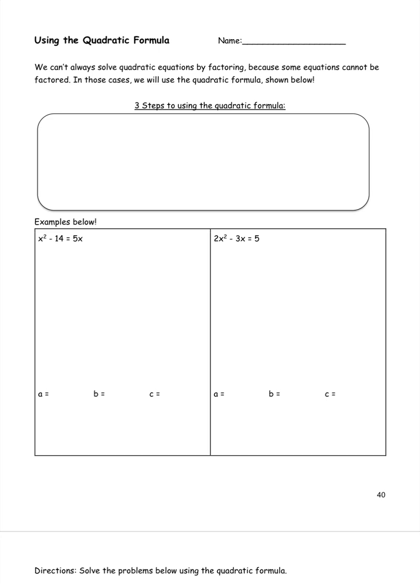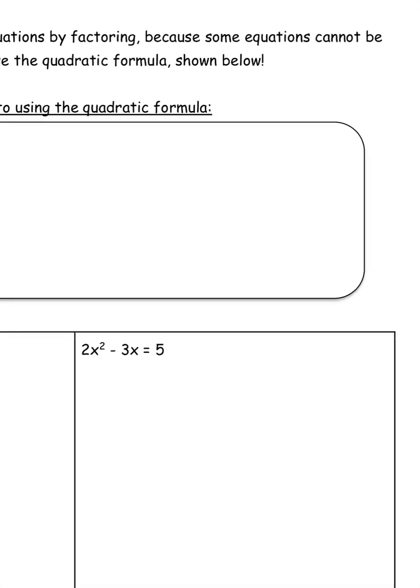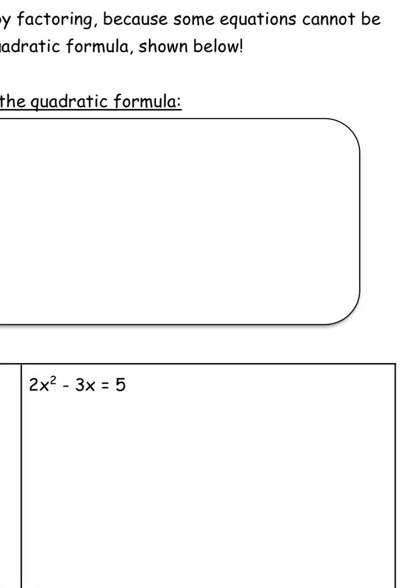All right, so the quadratic formula, and this is actually given on the Algebra 1 formula sheet. I'm going to write it here. We have that x is equal to negative b plus or minus the square root of b squared minus 4ac, all divided by 2a.